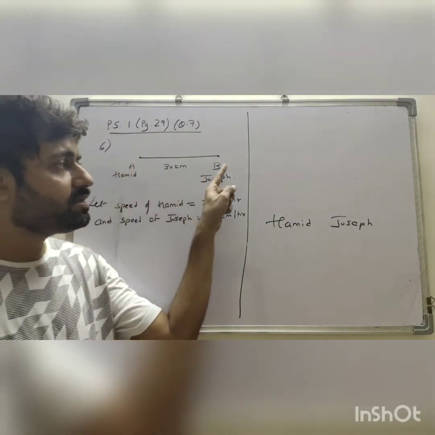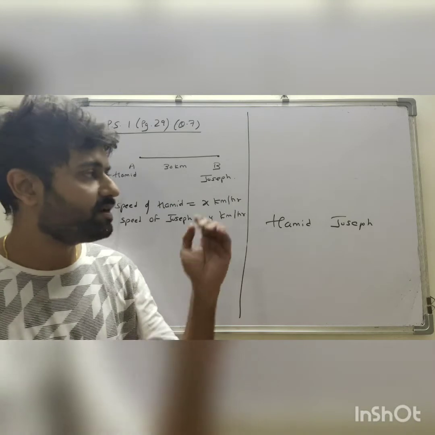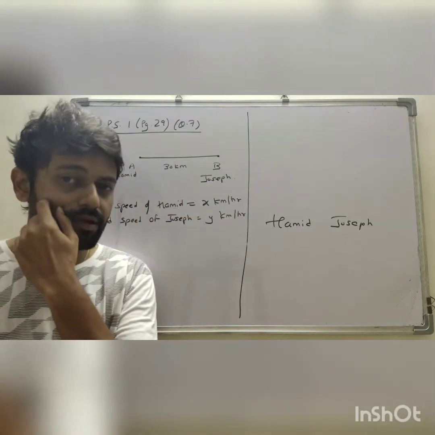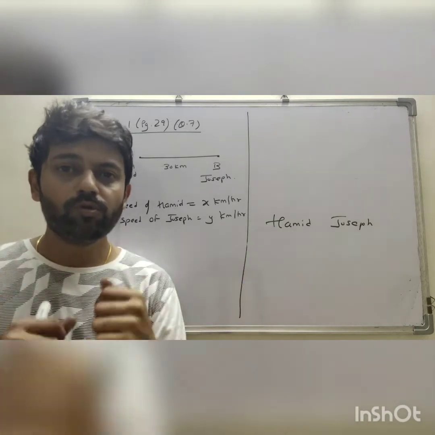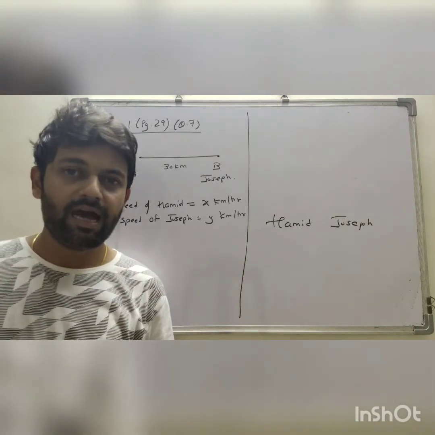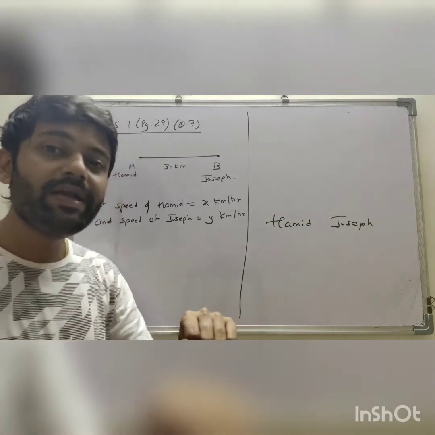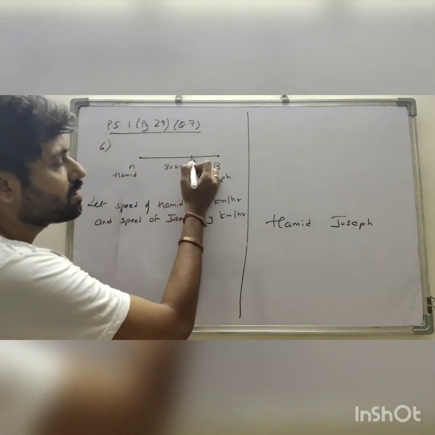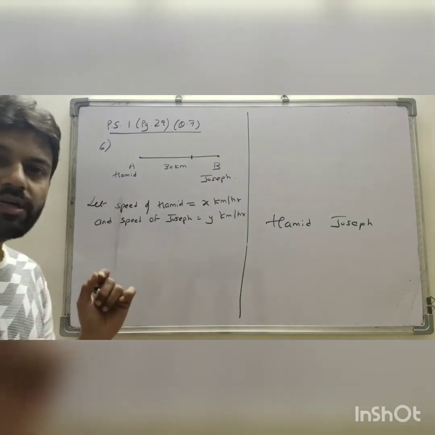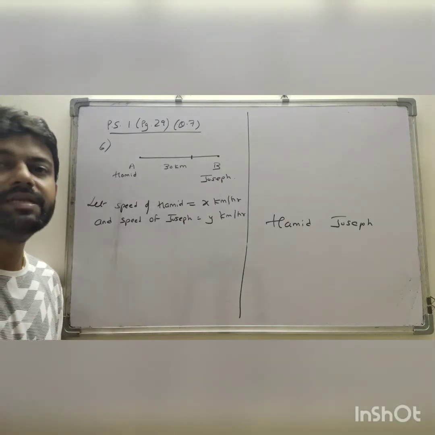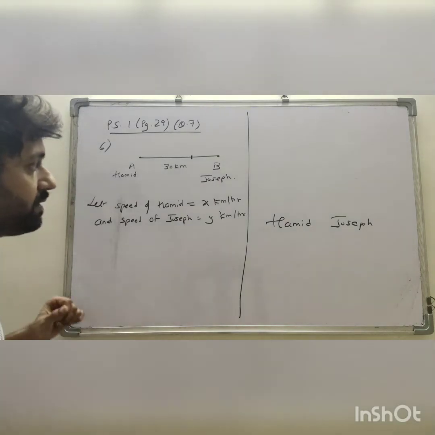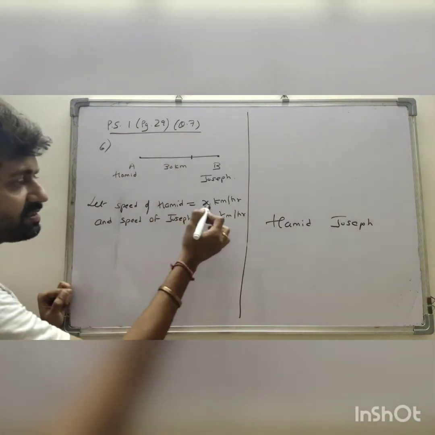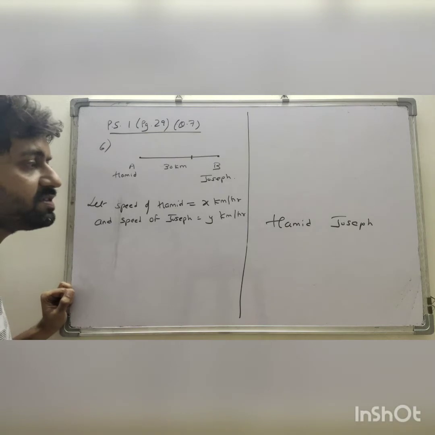Hamid is traveling towards Joseph and Joseph is traveling towards Hamid. When they do so, they meet each other after 20 minutes. Remember, the speed of Hamid is this and the speed of Joseph is this.